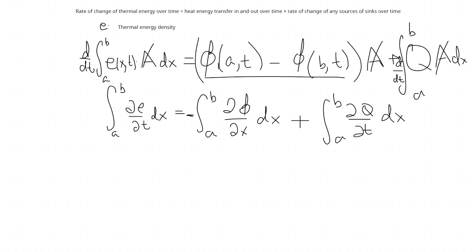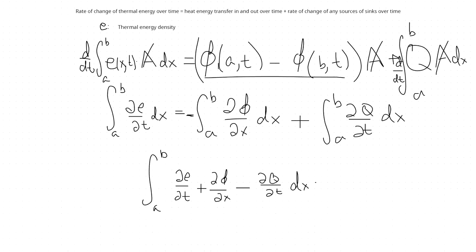But anyways, now we can rewrite this whole equation as the integral from A to B of partial E over partial T plus partial phi over partial X minus partial Q over partial T, dx, equals 0.